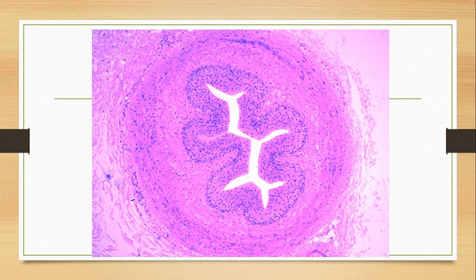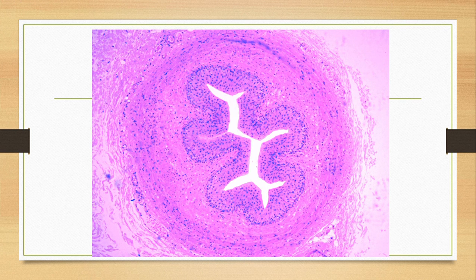Striated or skeletal muscle can be seen in relation with the bones. Smooth muscles are present within the walls of blood vessels and within the walls of organs which have cavities.